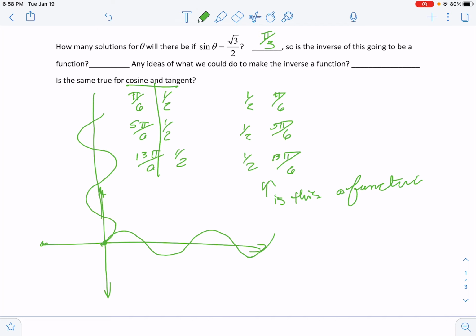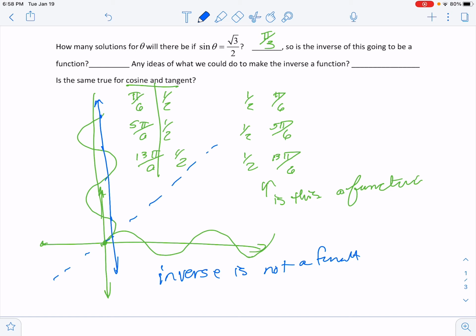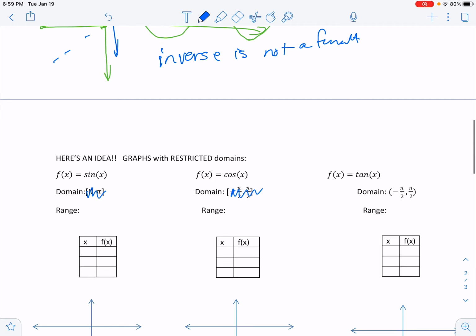Then if you do the vertical line test, does it cross the graph more than once? Yes, it crosses at all those points. So the inverse is not a function. Remember, inverses reflect across the y equals x line. So what's here gets reflected over there.